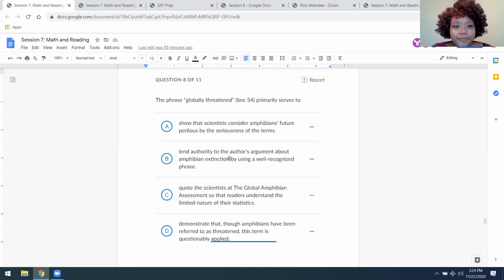So you can eliminate B. Now C says, quote the scientists of the Global Amphibian Assessment so that readers understand the limited nature of their statistics. That's not really a main point. DK says we can cross out C because I don't think they mentioned it. Yeah, that's along the lines of what I was about to say.